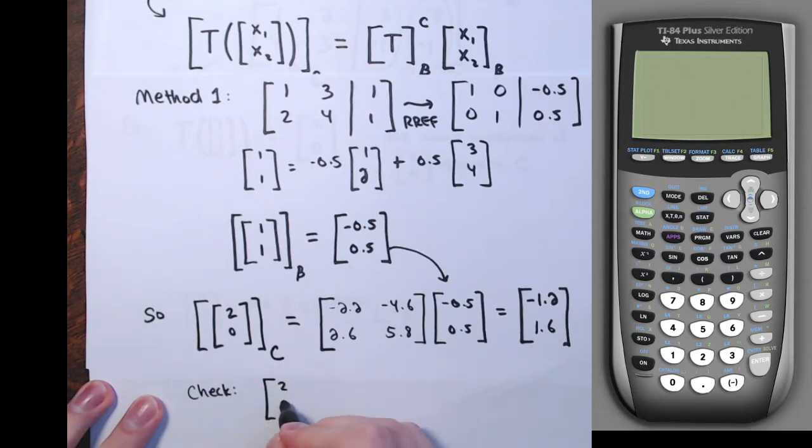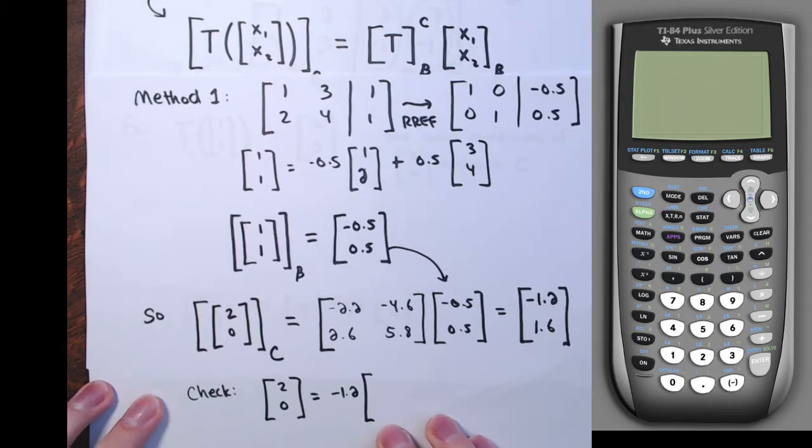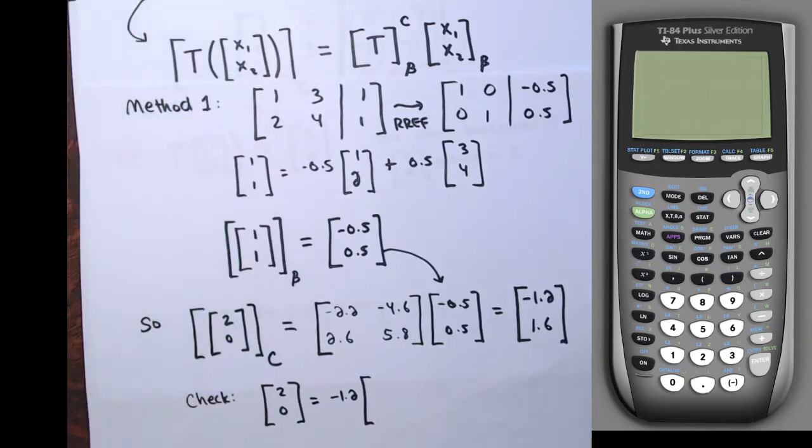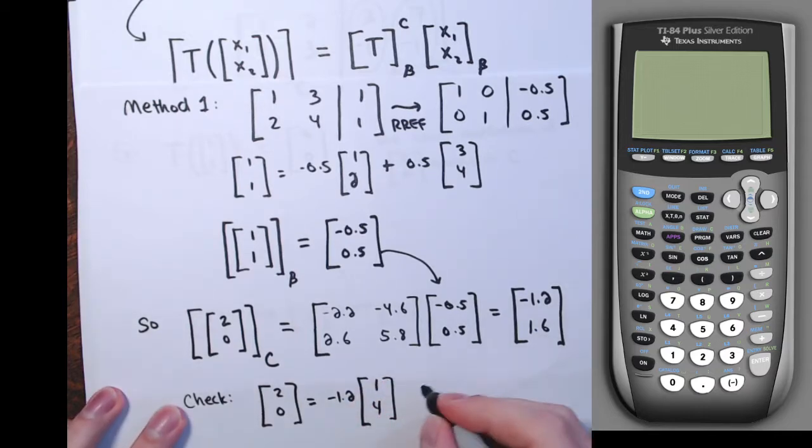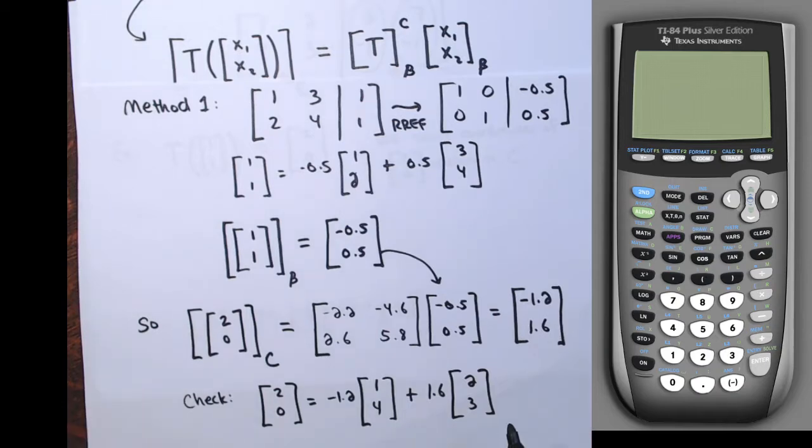Take 2, 0 and see, is it negative 1.2 times the first vector from C, which was the vector 1, 4, plus 1.6 times the second vector from C, 2, 3? Negative 1.2 plus 3.2 would be 2, and negative 4.8 plus 4.8 would be 0. This works.